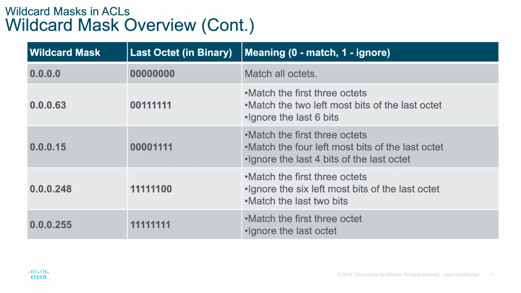So when we put it out, as I said, a 0 is a match. If, for example here, we have 8 zeros in the last octet, that means all the bits in the last octet need to match.